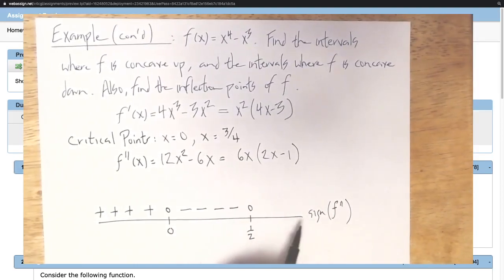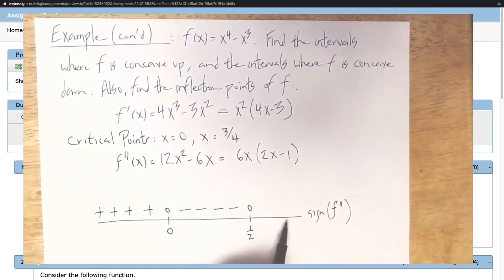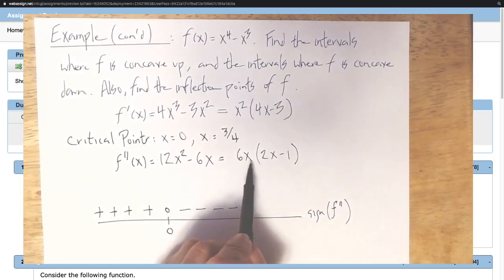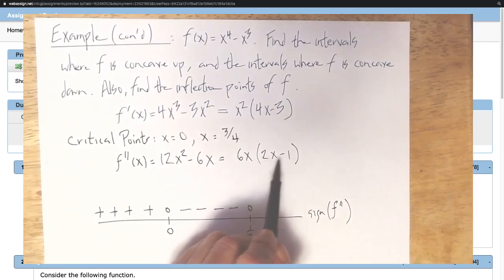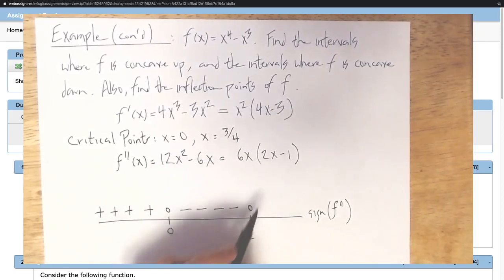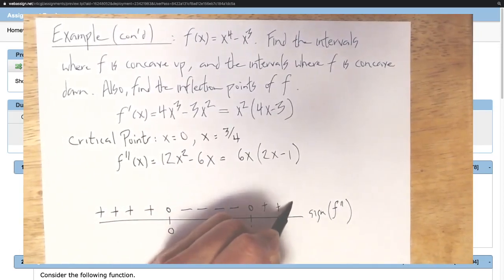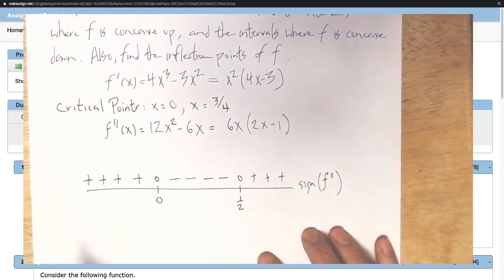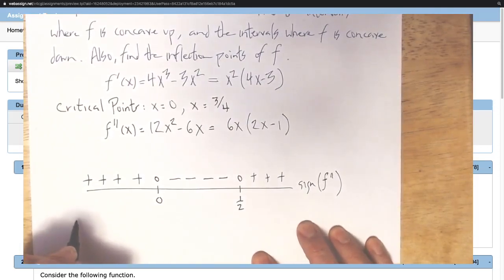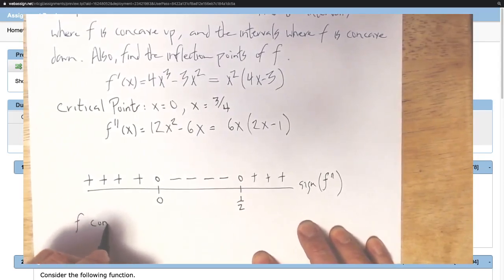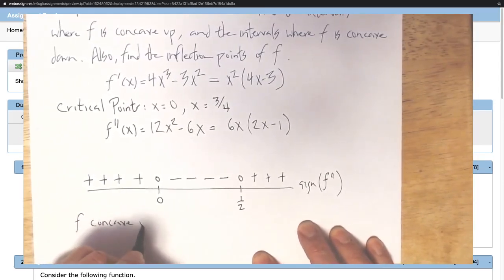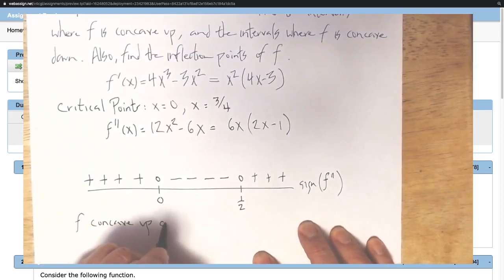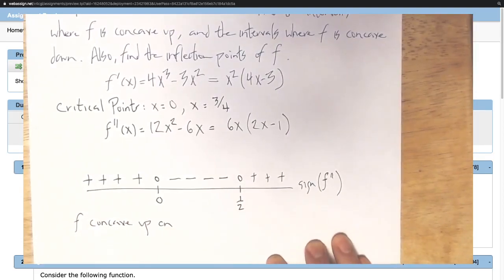And for this last interval, I could take a test point of x equals 1. So I get 6 times 1, which is positive, and then 2 times 1 minus 1, that's positive. So positive times positive just gives me positive. And so that tells me the sign of the second derivative. So then relating that to concavity, I would know that f is concave up on the intervals where the second derivative is positive.